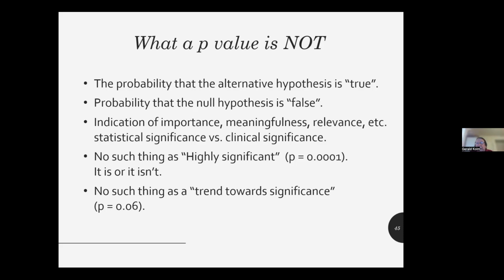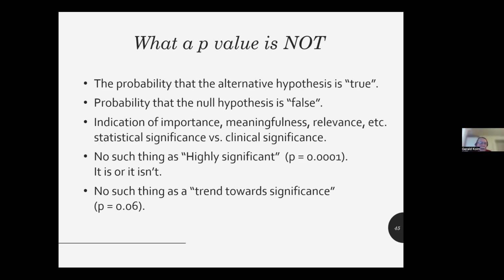If you get a really small p-value, the way you can interpret that is that there's a very small chance that your results were due to random sampling variability or chance. But it's not zero.